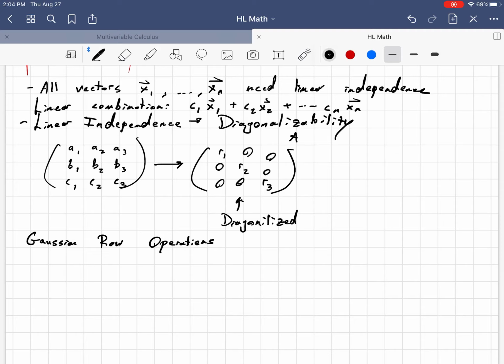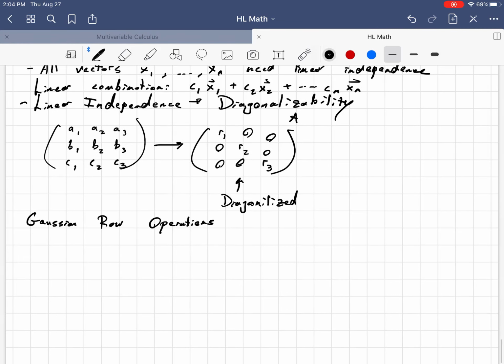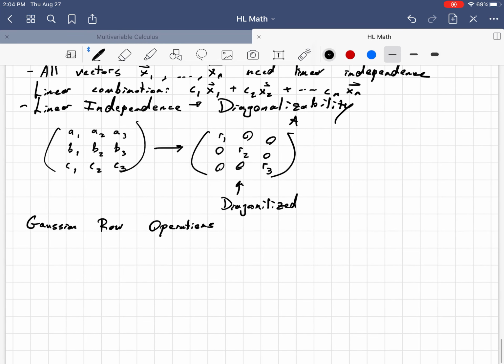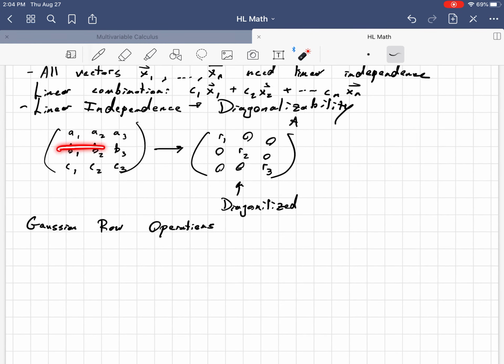For the purposes of this video, the main Gaussian row operation you need to know is that if you add any linear combination of any row of the matrix to any other row, it won't change the final determinant.